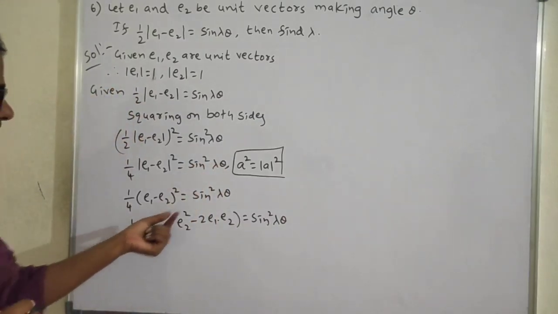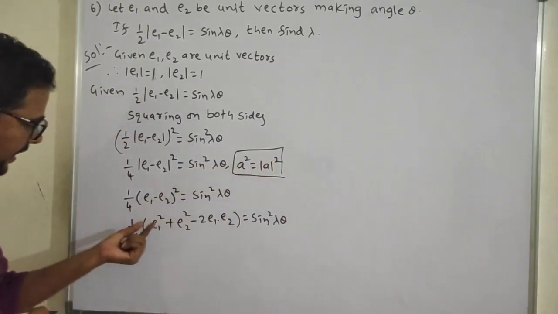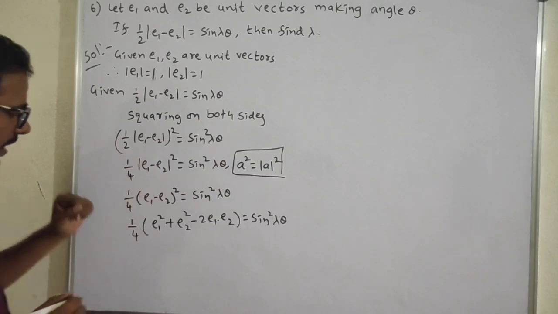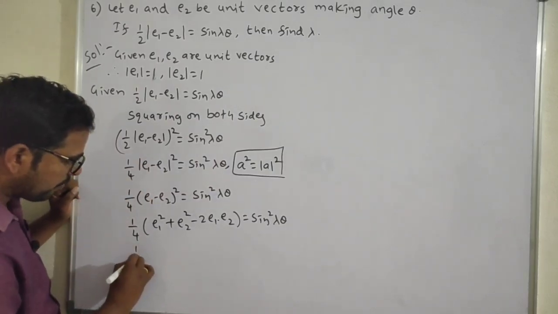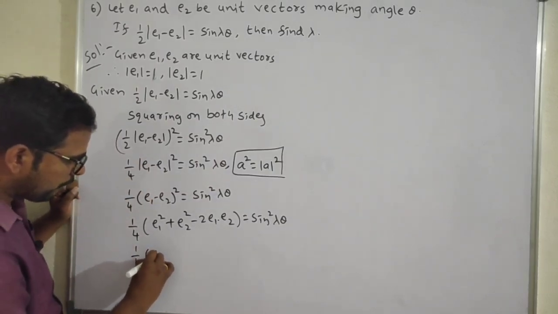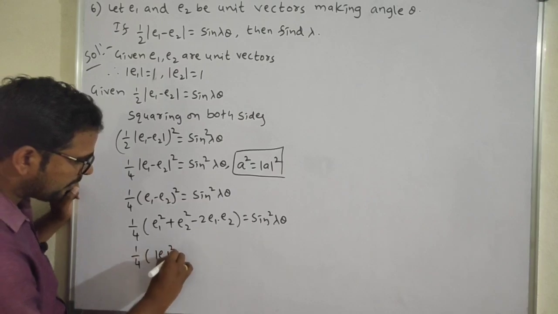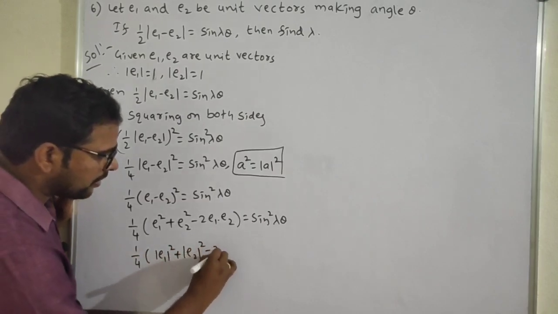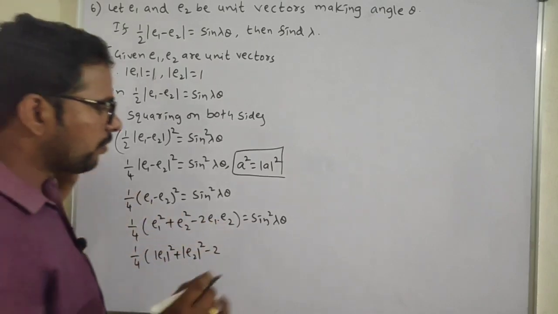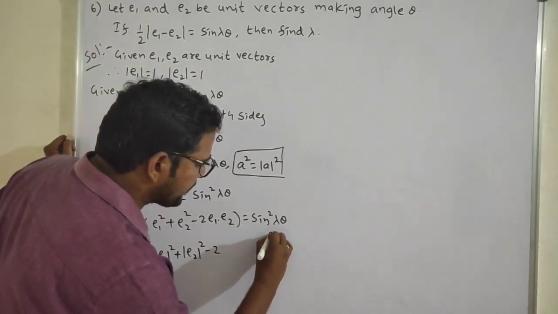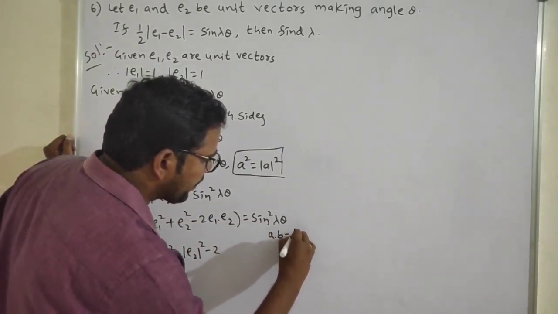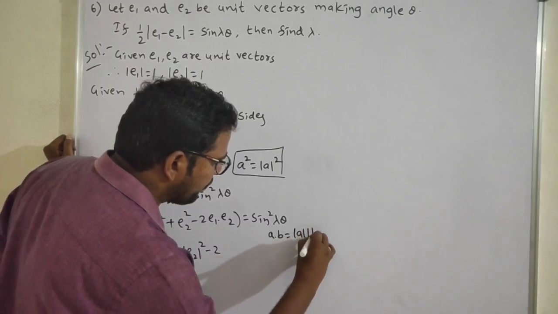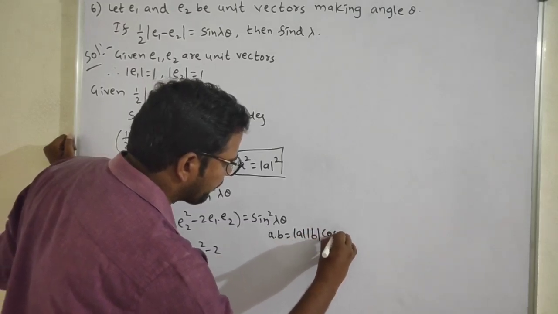Where E1 square is there, we can write it as mod E1 square, because we know the mod E1 value. So mod E1 whole square plus mod E2 whole square minus 2 a dot b. We know the definition: a dot b is equal to mod a mod b cos theta.